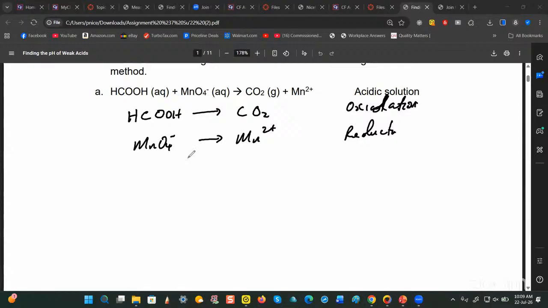In this case, you don't need to do anything as far as that is concerned, because the manganese atoms are balanced and the carbons are balanced, all right? But in the future, that's what you have to keep in mind. The next step would be to balance all atoms excepting oxygen and hydrogen, right? So after doing that, which we don't need to do in this case, what would be the next step? Balance the remaining ones?